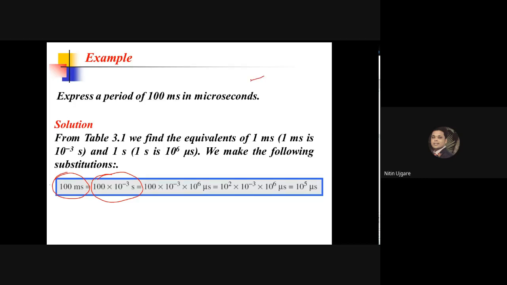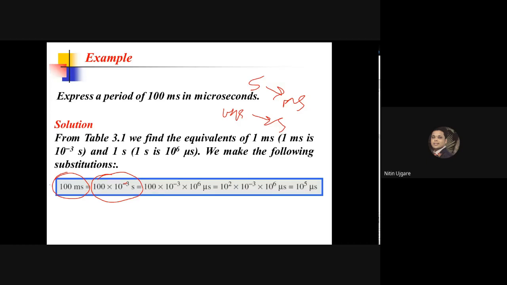Remember, we are not converting from second to millisecond, we are converting from millisecond to second, and that's the reason we have taken minus here. So 100 into 10 to the power minus 3 seconds gives me the conversion of millisecond to second.